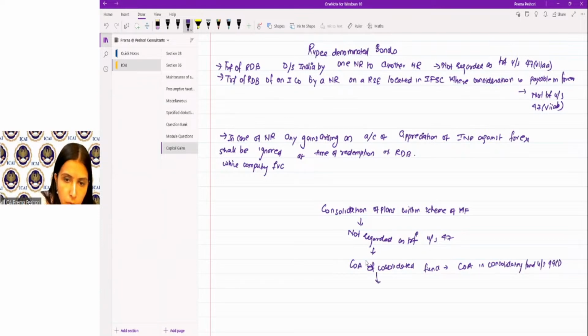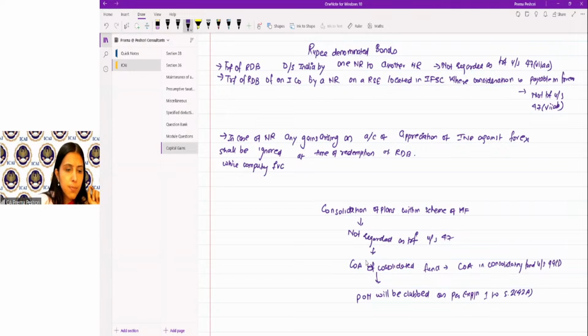Then the period of holding of the consolidating fund will be clubbed with the period of holding of the consolidated fund as per explanation 1 to section 2(42A), right?